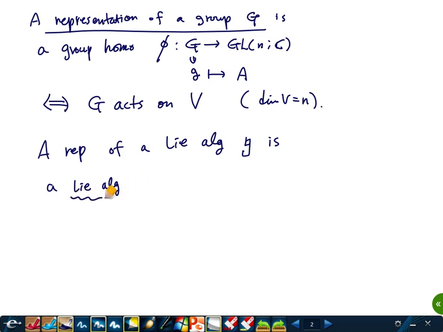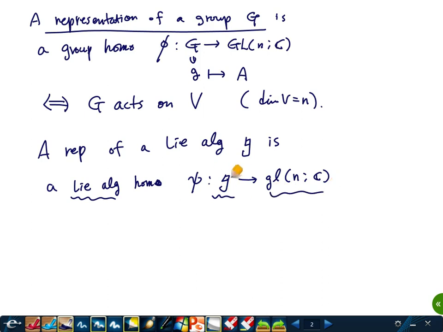So we have a structure, Lie algebra, so a Lie algebra homomorphism, say psi, from this Lie algebra to the fundamental Lie algebra that we consider, the general linear algebra. Homomorphism means it preserves the algebra structure given by the Lie bracket.